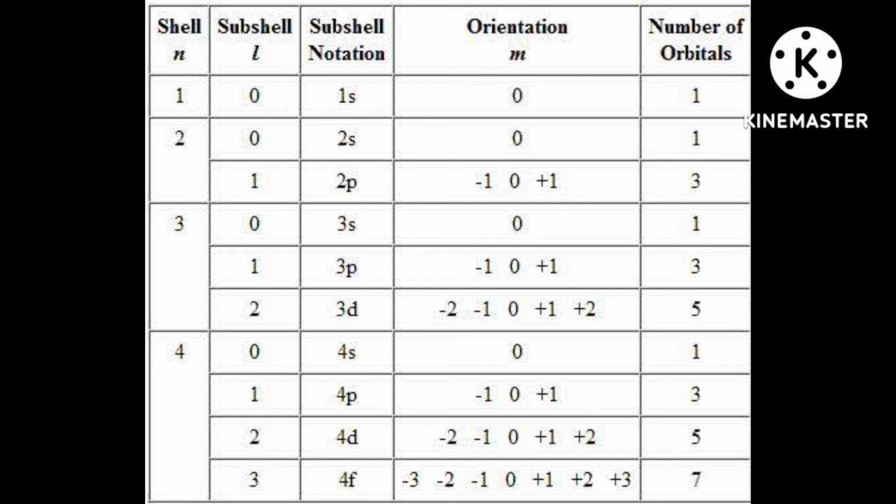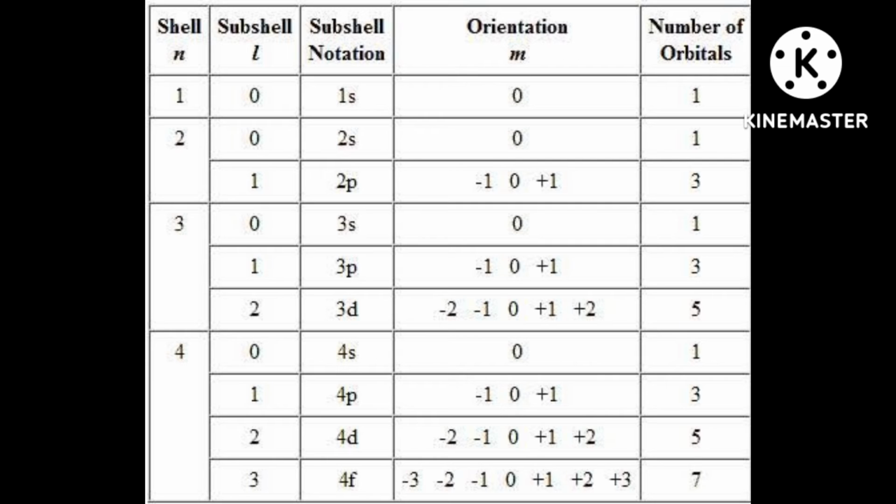Now, what do these values actually mean? When L is equal to 0, you got only one value, that is 0, and that is the S orbital.